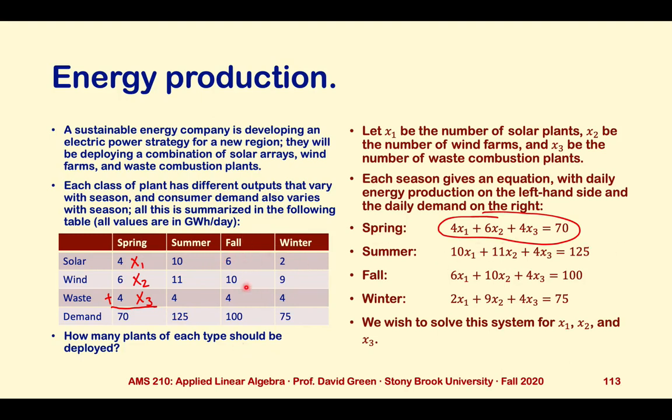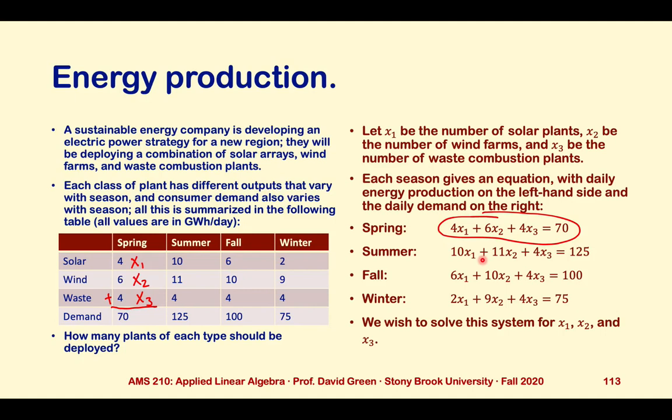Our third equation comes from the next column: 6x1 plus 10x2 plus 4x3 equals 100. And the last equation for winter: 2x1 plus 9x2 plus 4x3 equals 75, as we have here. Supply on the left, demand on the right.